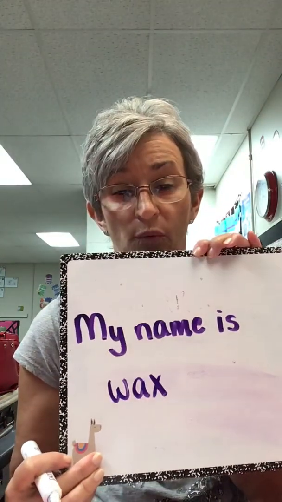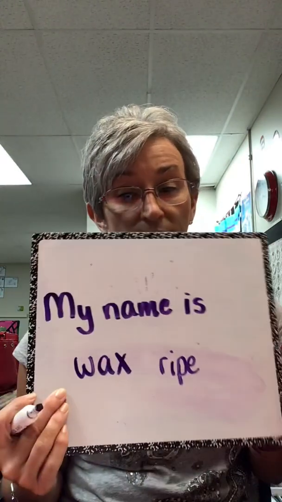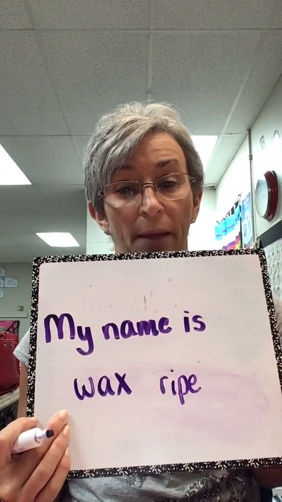All right, your first word is wax. An easy peasy, three-letter word, wax. Your next word, ripe.